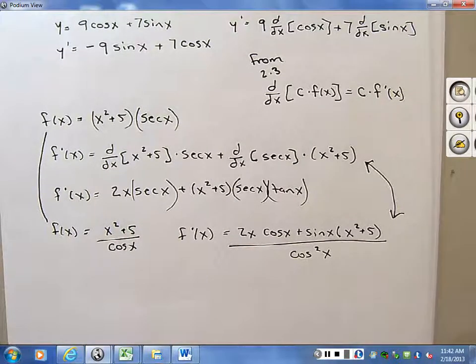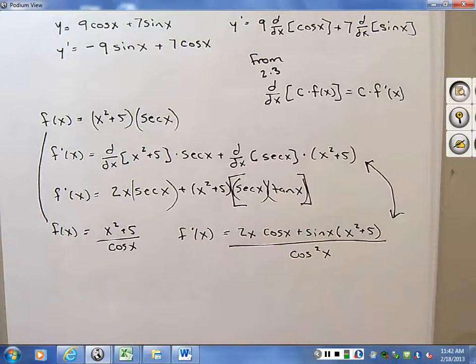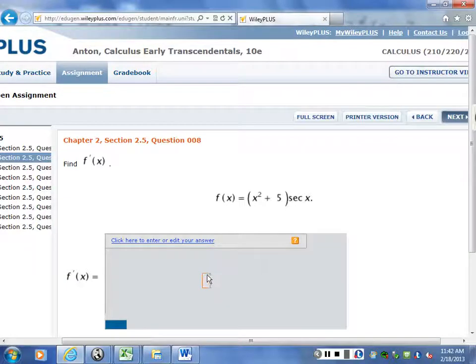When you go to put it in Wiley, though, when you type in secant, it will give you parentheses. So if you put parentheses on the outside, it just gets kind of busy with parentheses. So just put the x in there. I love parentheses, but maybe not that many. There's a limit.